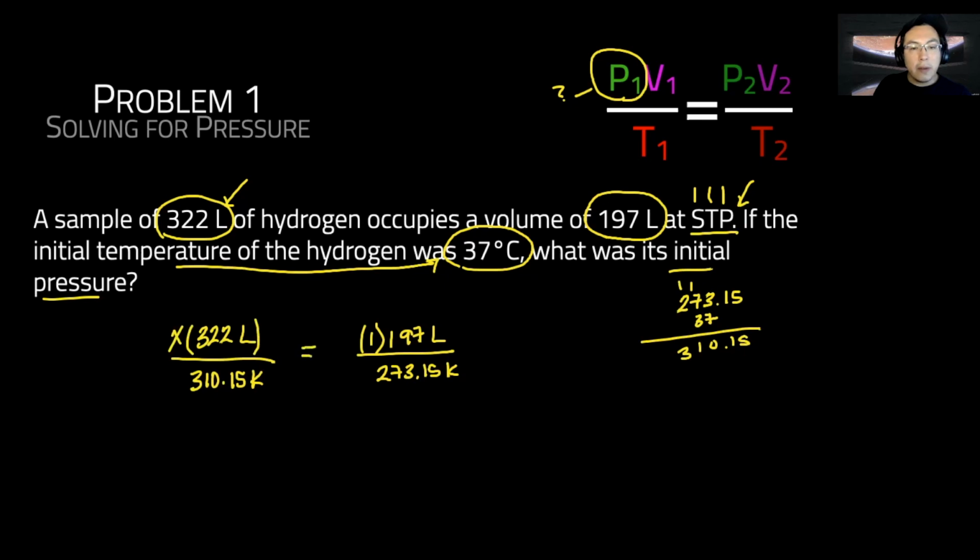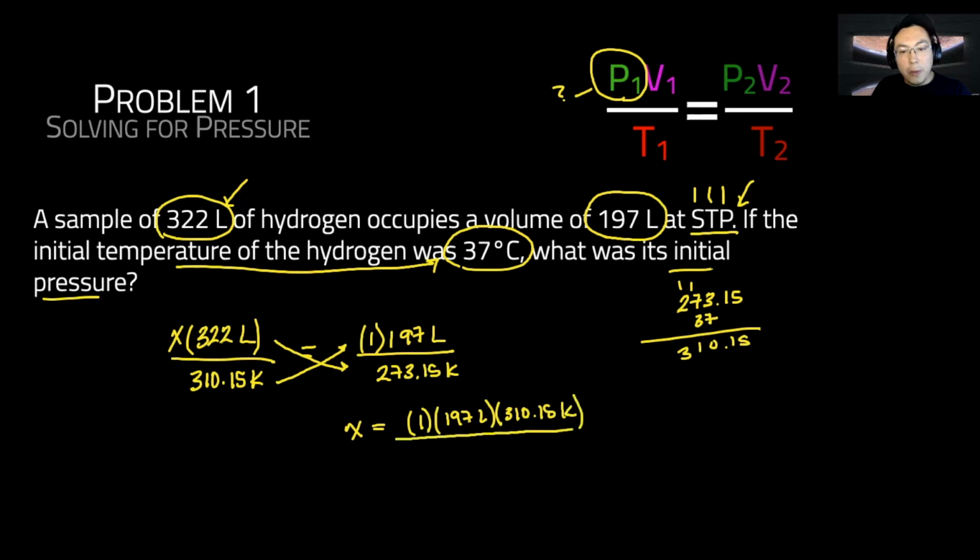So now that we have all of our variables, now we just solve for X. So how do we solve in this case? This goes up here and this goes down here, right? So we will get X equals 1, which is the standard pressure, times 197 liters times 310.15 Kelvin over 322 liters times 273.15 Kelvin, right?